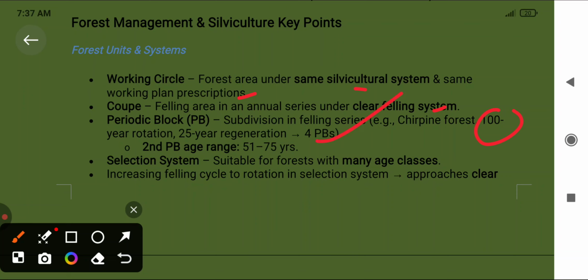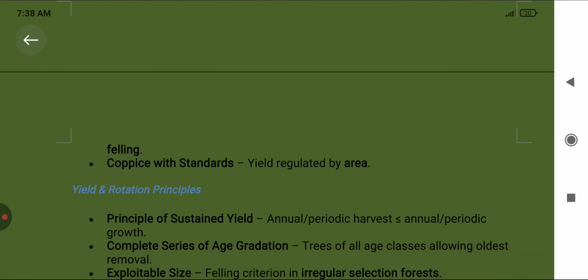Second protection PBR range 51 to 75 years. And is selection system suitable for forest with many age classes. And increasing felling cycle to tolerate rotation in selection system. Approach is clear felling.